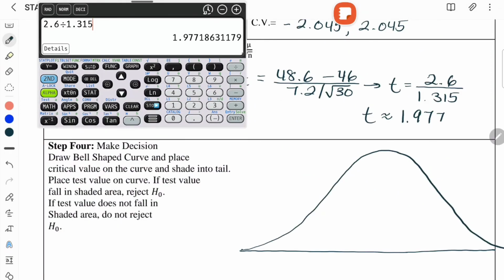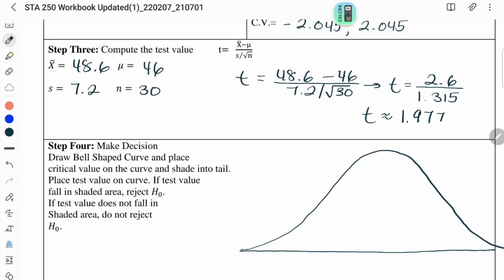All right. Step number 4 is going to be make a decision. Either we're going to reject or not reject the null hypothesis. This is two-tailed. Let's place both critical values on, which is negative 2.045 on the left, positive 2.045 on the right. And we can shade in the tail regions.